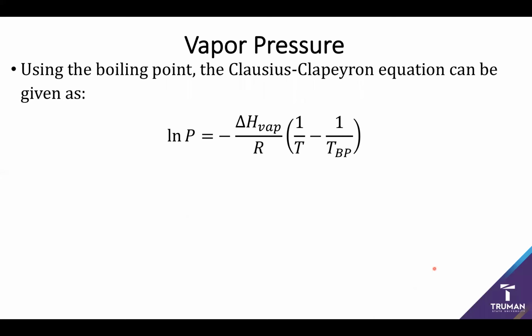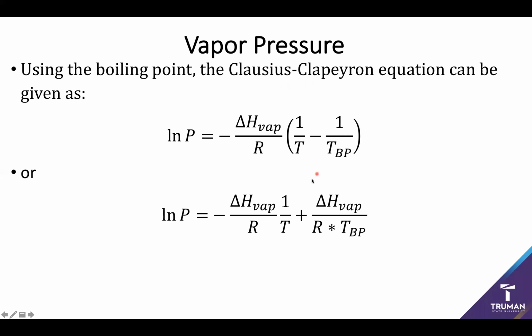So what we can do is, using that boiling point, we can rearrange our Clausius-Clapeyron equation. Because remember, it was originally P2 over P1. But if our pressure 1 is 1 atmosphere, well, it disappears from the equation. And so all I have to do is include that reference boiling point. So then using this, we can separate out all of the boiling point variables.